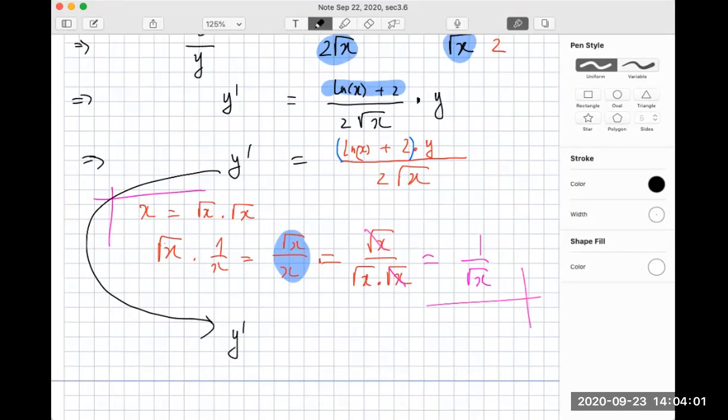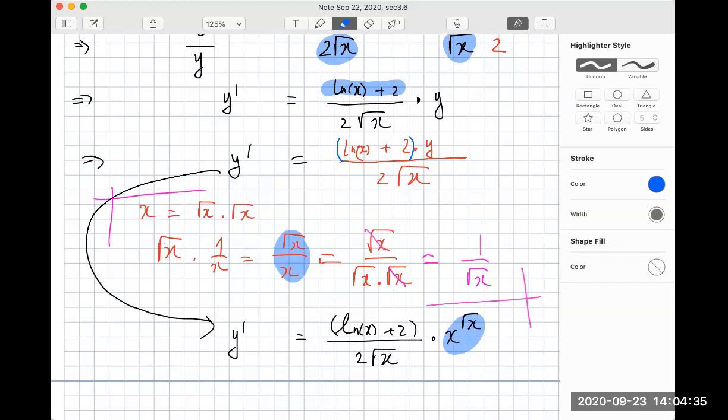Therefore, we have y prime, and we substitute y by the true form, which is x to the square root of x, right? And that's it. That is y prime. So the log function allows us to compute something very complicated right here in an easy way. Okay, very good. So do you have any questions?